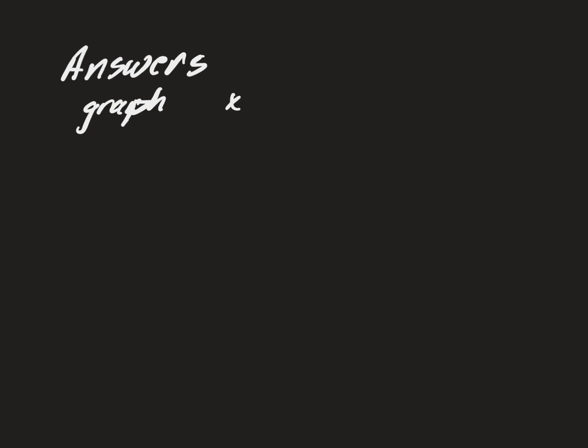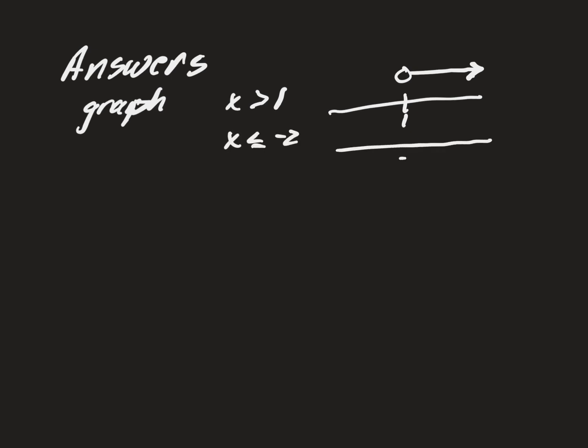So if you had x is greater than 1, you would make a number line and then draw greater than 1 using an open circle to represent it was not equal to 1. Or you might have x is less than or equal to -2, and you put -2, and you would use a closed circle to represent that it could equal it. So that would be a graph.